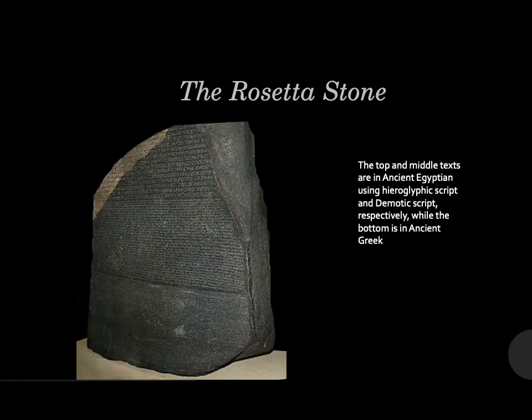We are looking at the Rosetta Stone. This is the stone that Napoleon Bonaparte moved from Egypt to Paris in France. The people who knew the languages found out that it has three languages on it.